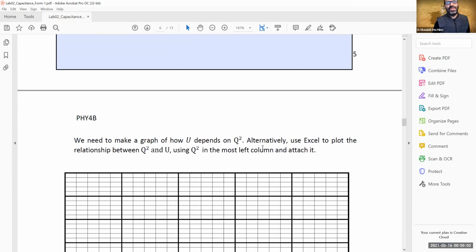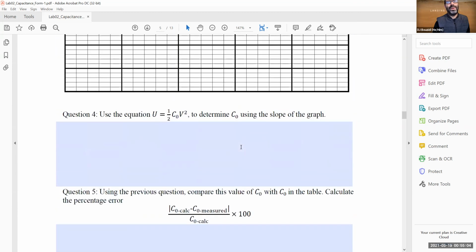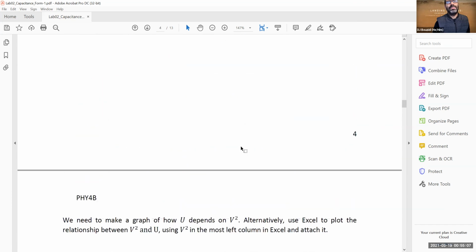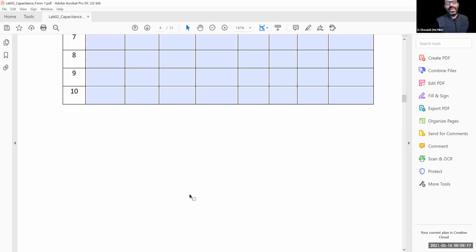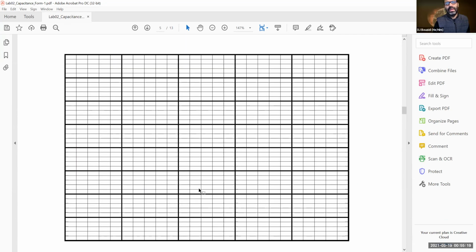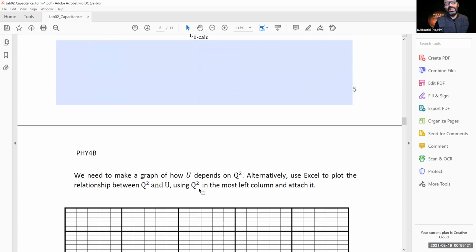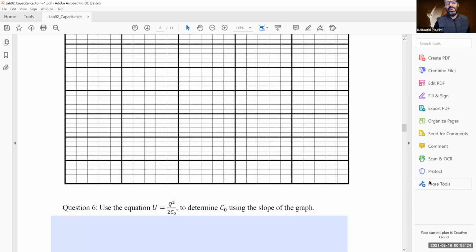Same thing. You have U now as a function of Q squared. If you go back to the table, it's the same table. You have Q squared on one side, and you have the energy. So this is your x-axis, this is your y-axis, and now you do the same thing. Except now you have a different quantity. So now this will be your Q squared, and this is your energy, and you're going to plot it, and it should be a line.